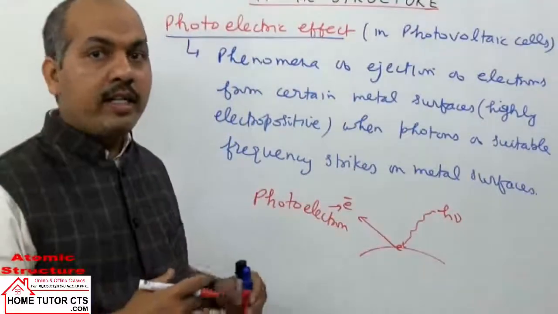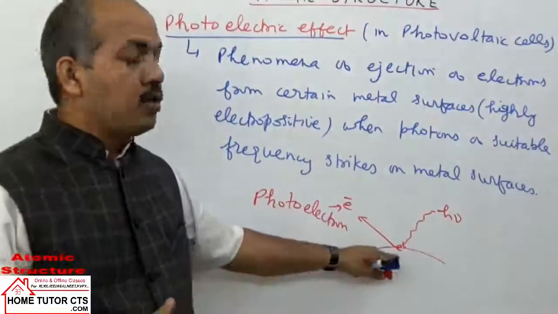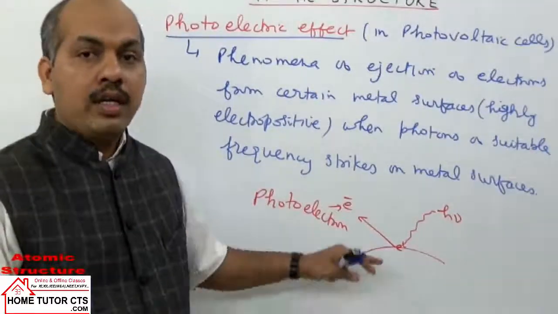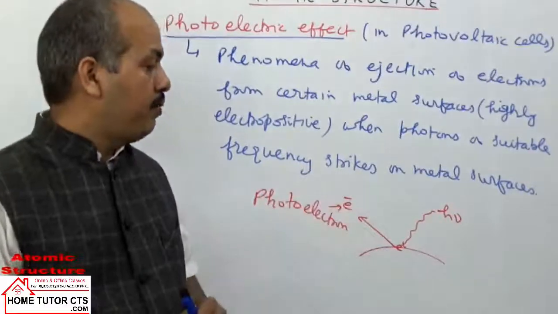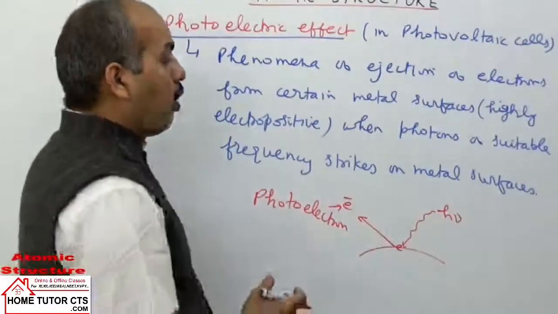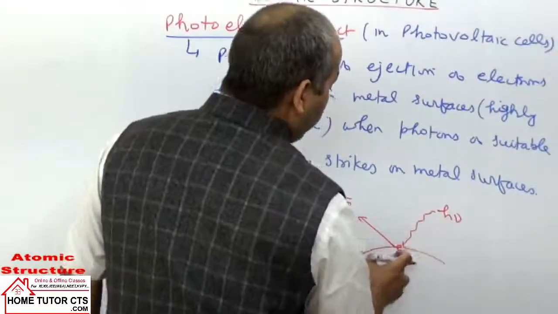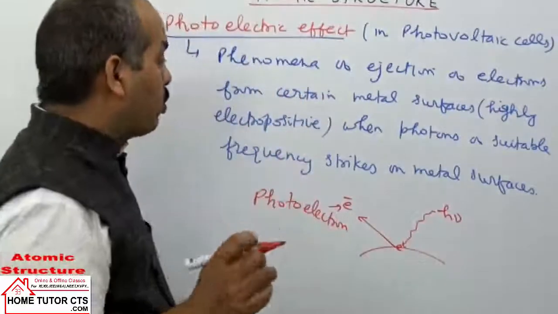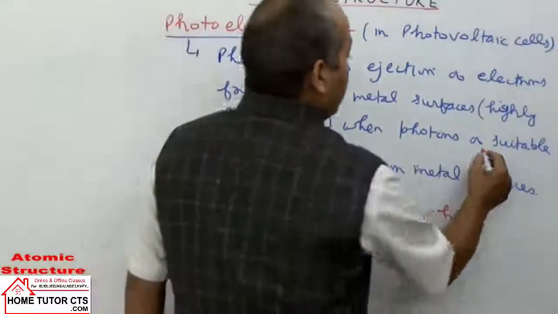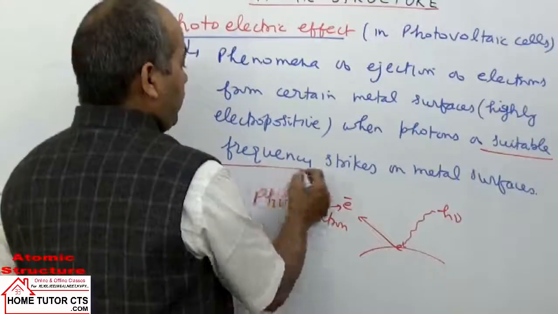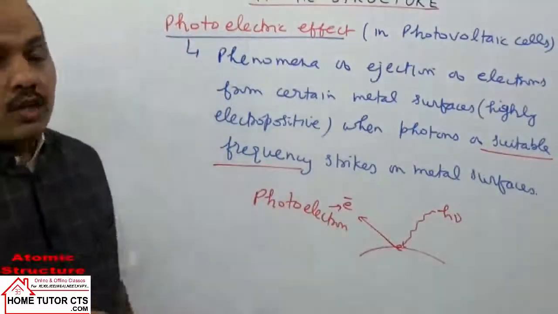How much energy? That energy can be taken numerically the same as the electron's ionization energy. Not all photons can cause this ejection of electrons. Only those photons which have suitable frequency can cause the ejection.